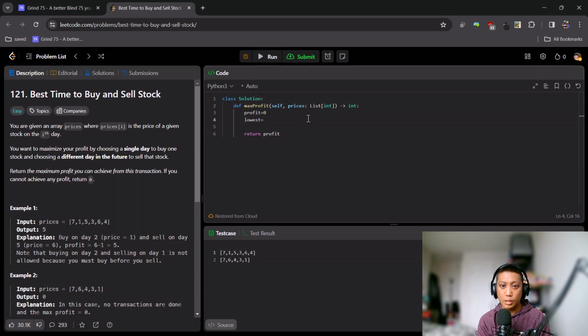So we'll initialize that to infinity, and then x. Yeah, okay.